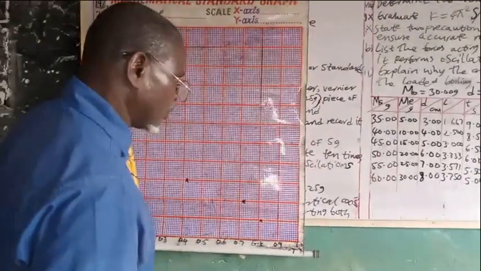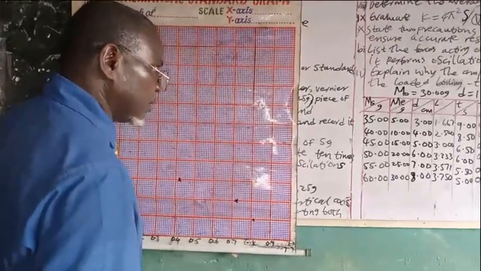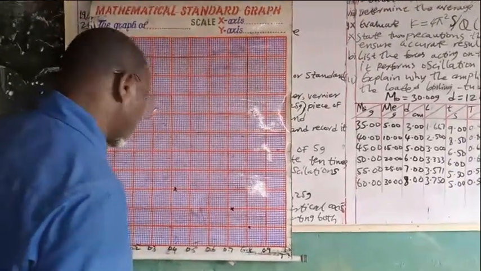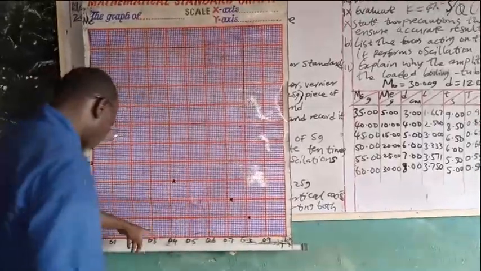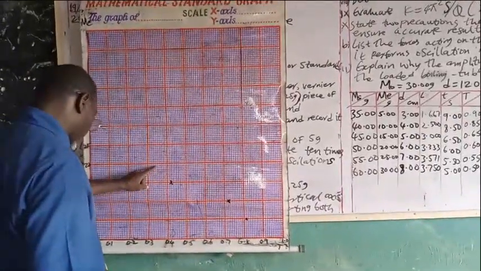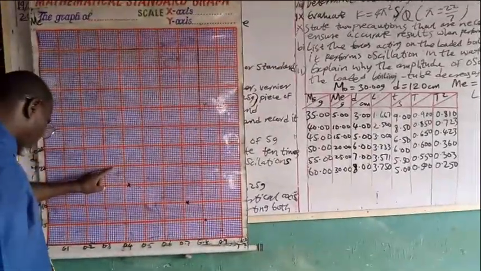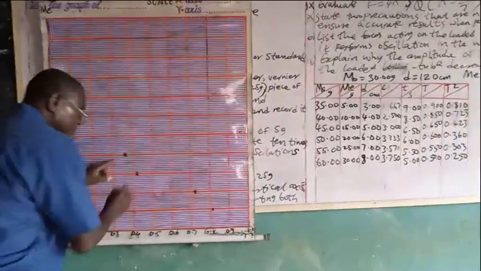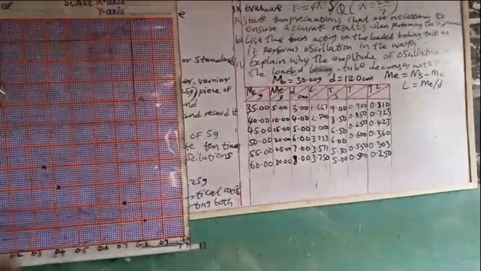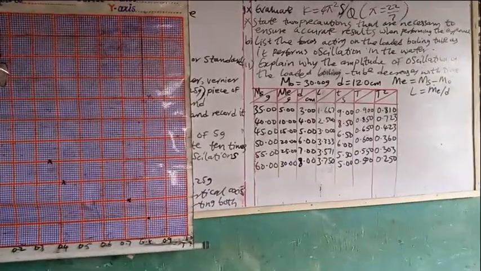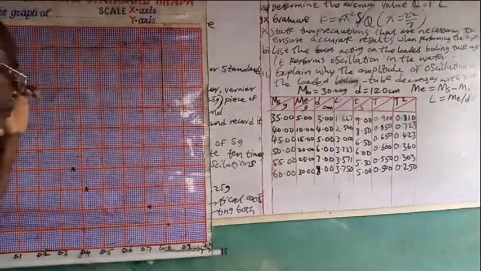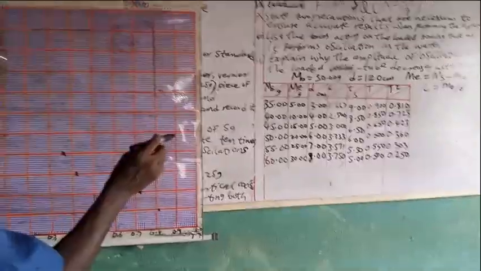When M is equal to 20, T square is equal to 0.36. When M is equal to 25, T square is 0.30.